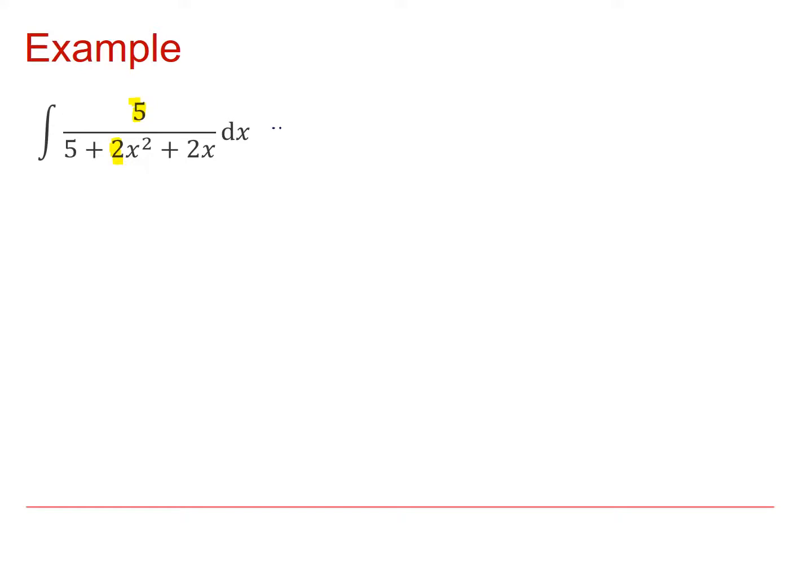So I'm going to get 5 over 2, that's removing both of those factors, 1 on the top now, and 5 over 2 plus x squared plus x dx.